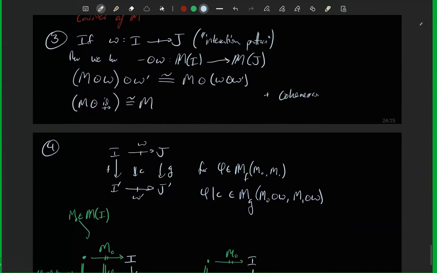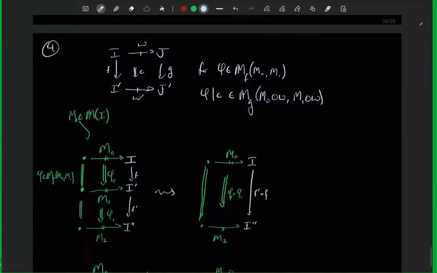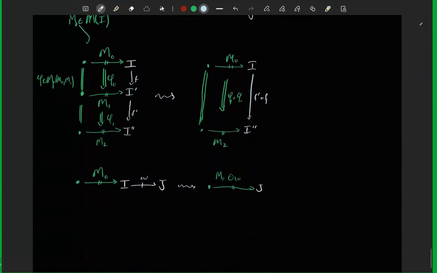We have an action by every loose of sort of multiplication on the right. That's why it's called a loose right module, because it's something which has a multiplication on the right by our double category, by the looses in our double category. Right? And that gives us a map like that. And then we also have a way to multiply these maps on the right.